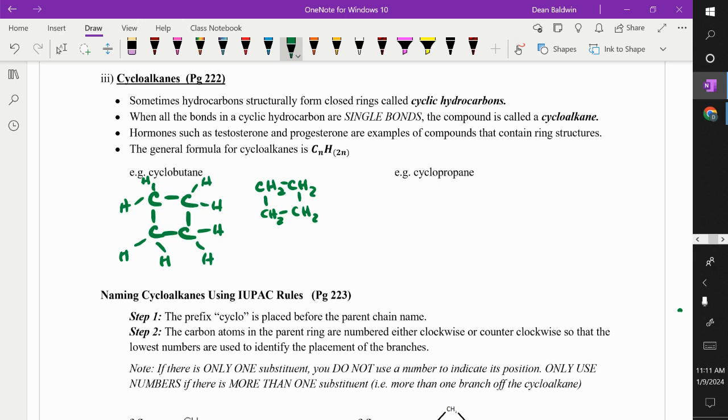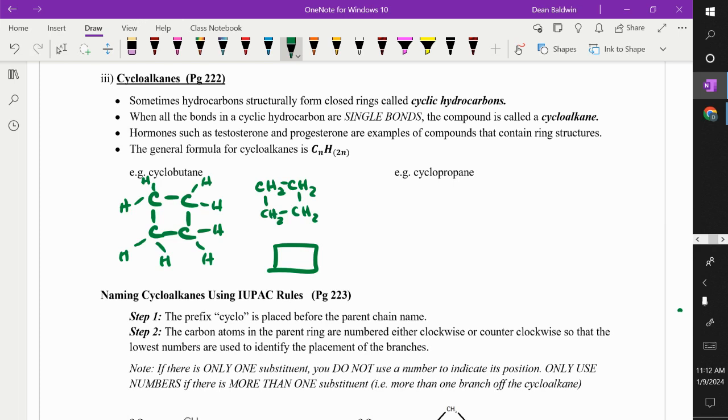The easiest way for cyclic ones is the skeleton one. Because what is it going to form? That's cyclobutane. All right? This is the little square. Remember, every corner is a carbon. And you don't show the hydrogens in the skeleton formula.